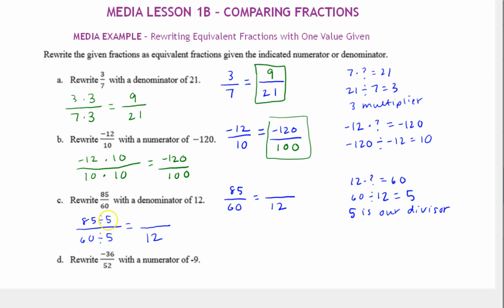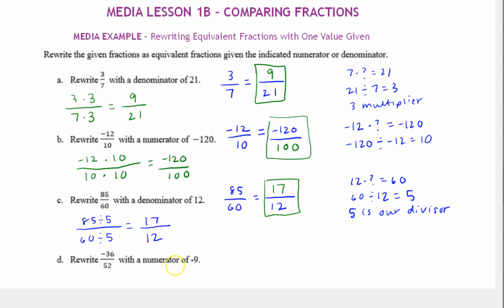You could do this on your calculator, and you should to double check it at least. 5 goes into 8 once, remainder 3, then we'd have 35, and 5 goes into 35 7 times. So we get 17 over 12. So our missing numerator to make this equivalent fraction is 17.